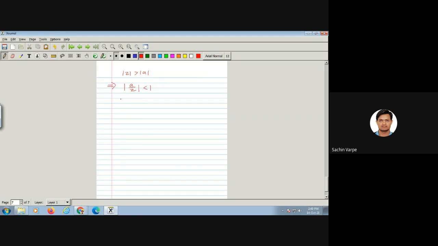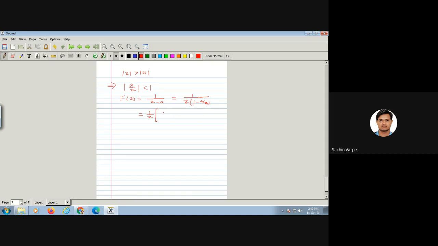So we will try to write the given f of z in terms of a by z. We have given f of z to be 1 upon z minus a. So I can write it by taking z common, that will be 1 upon z into 1 minus a by z. Isn't it? So that is equals to 1 upon z into 1 upon 1 minus a by z का expansion क्या होगा?